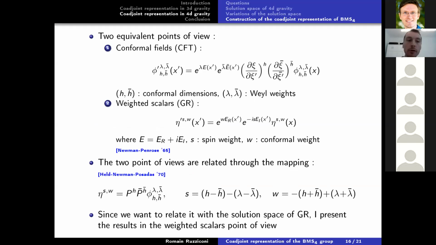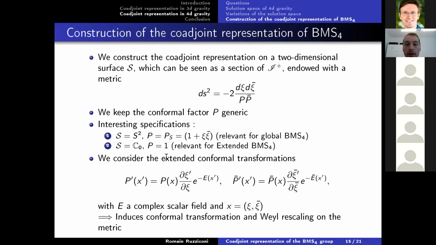Now to describe the coadjoint representation, we have 2 equivalent points of view. The first point of view is in terms of conformal fields. Maybe this point of view will be more useful for people working in CFT. In this case, we consider some fields on these 2-surfaces, which transform in the following way under these extended conformal transformations.